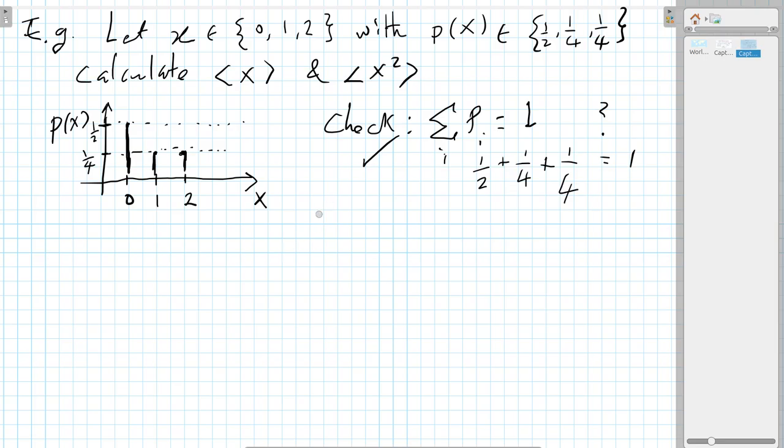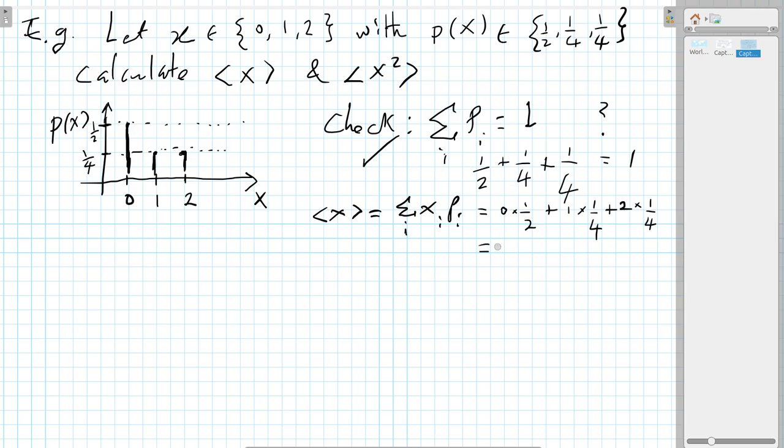Next, one can use the definition of the average value of x, which is the summation over i of xi pi. So this is going to be x1 is 0 times p1, where p1 is 1 over 2, plus x2 is 1 times p2, where p2 is 1 over 4, plus x3 is 2 times p3, where p3 is 1 over 4.